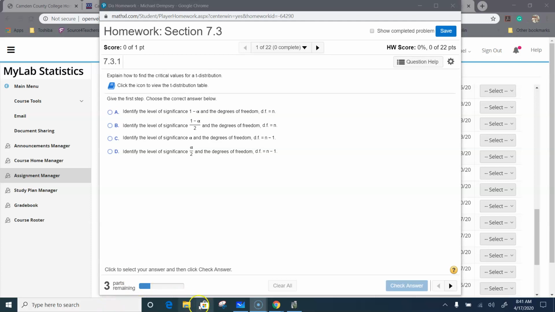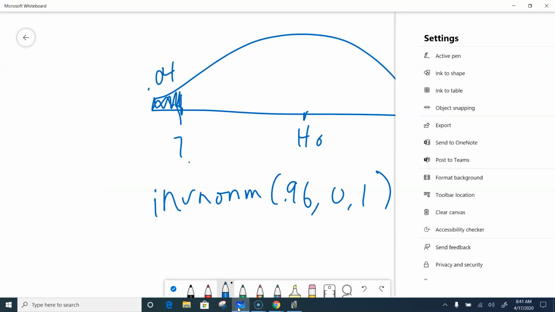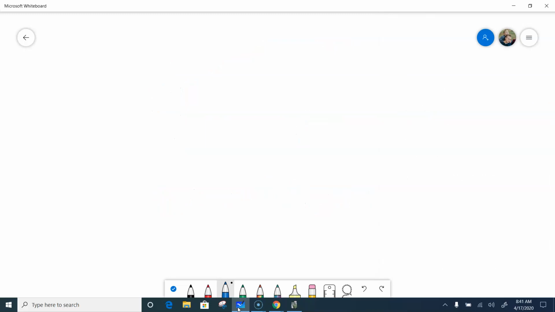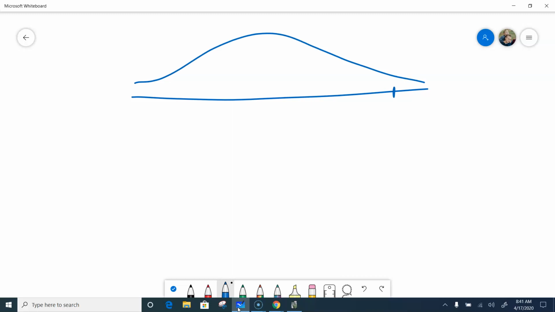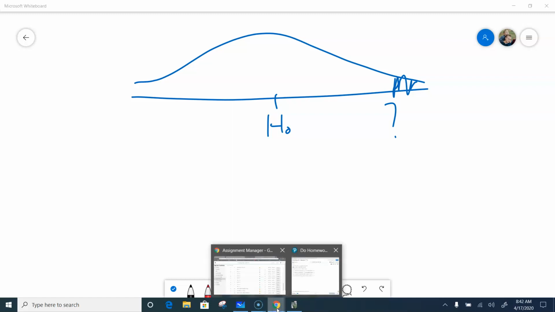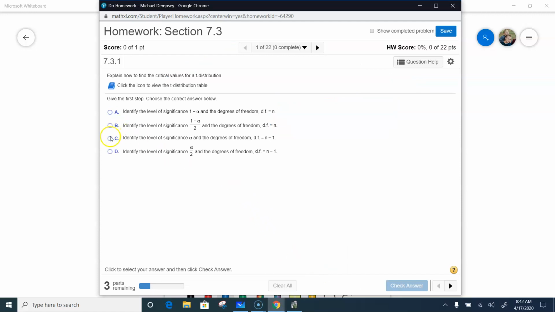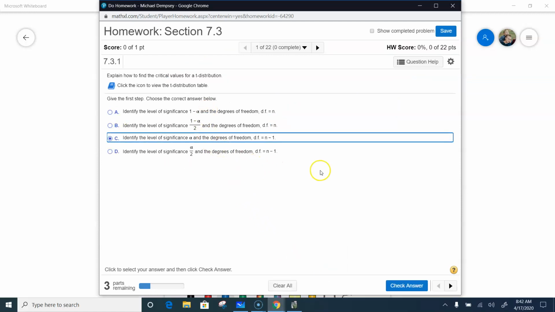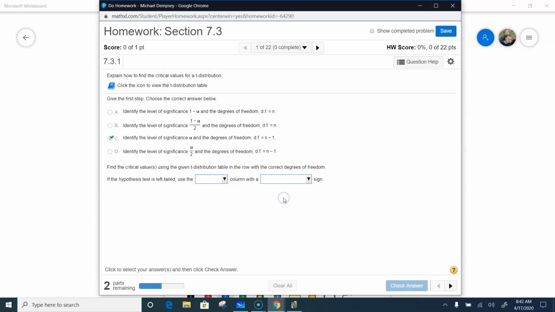I need to know whether it's a one-tail test or a two-tail test, and if it's a right-tail test, what is going to be significant for us, just like we did in the last section. I don't need to subtract alpha from 1. That's something we would do with confidence intervals. We just need alpha and our degrees of freedom, and we can move on.